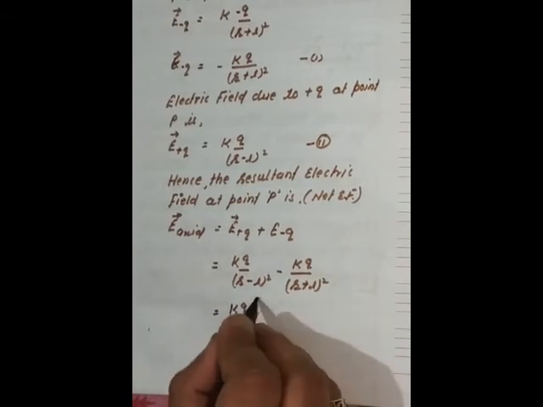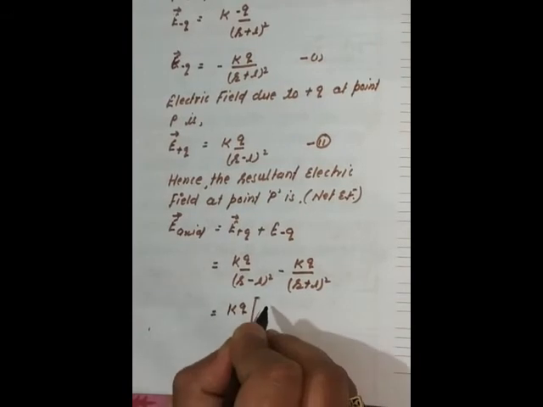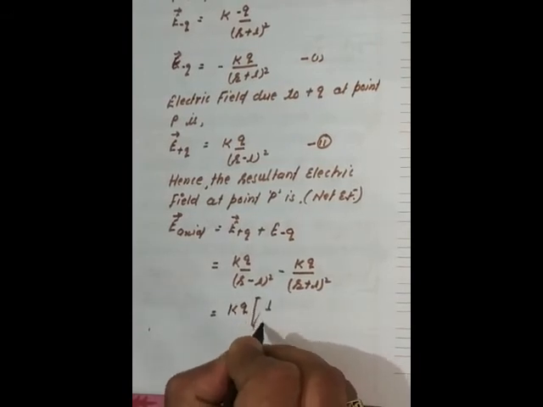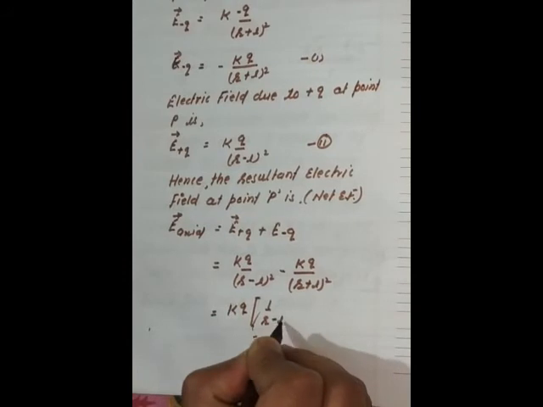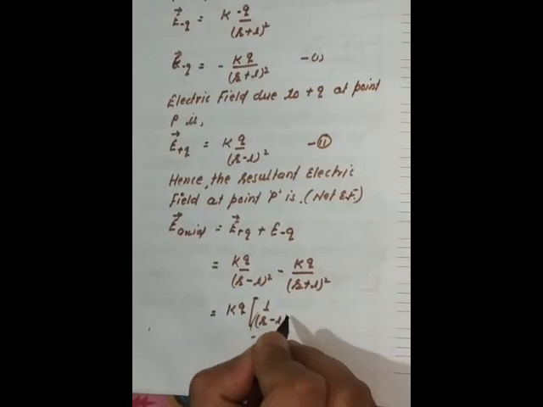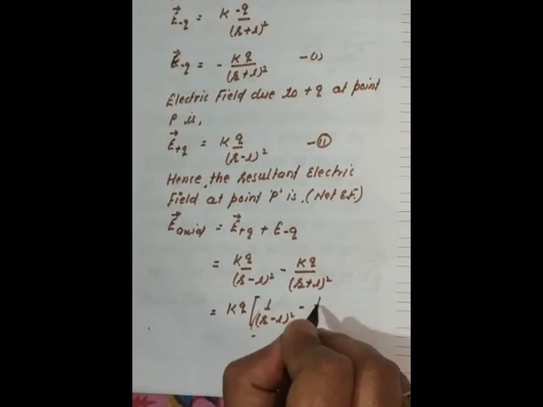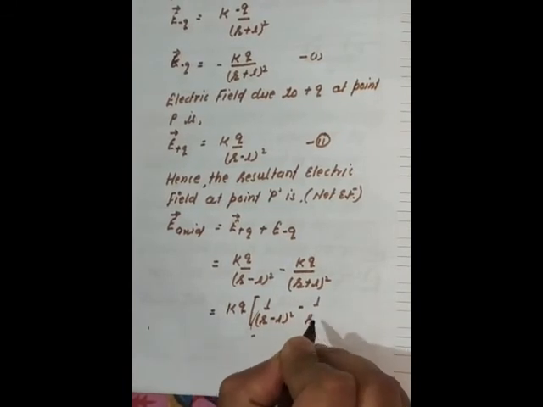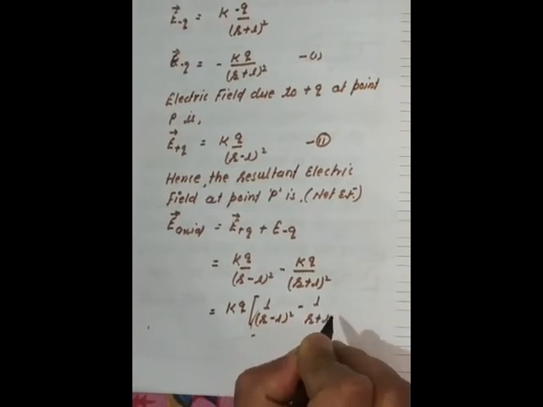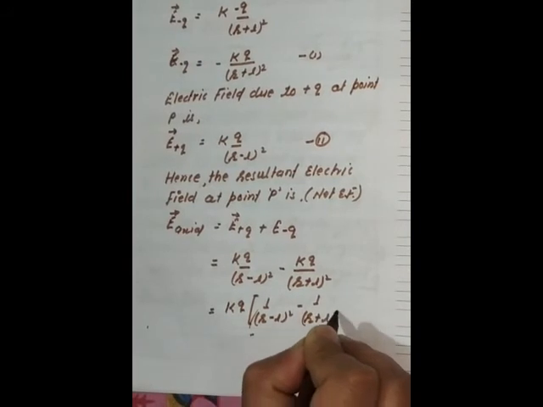So here you can write 1 upon R minus L whole square subtracted by 1 upon R plus L whole square.